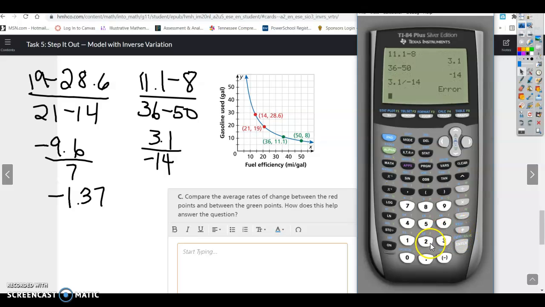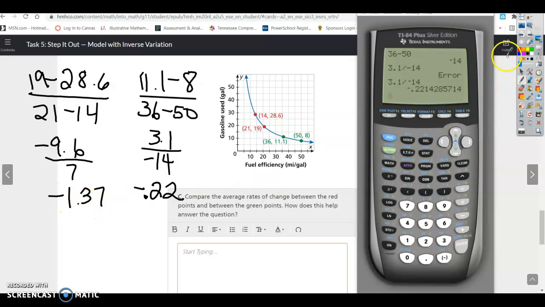Let me try that again. Sometimes these calculators don't like the minus sign instead of the negative sign and vice versa. So Par is going to be negative 0.22 average rate of change. That means she's going to save, on average, 0.22 gallons of gas for every mile per gallon, as he saves 1.37.